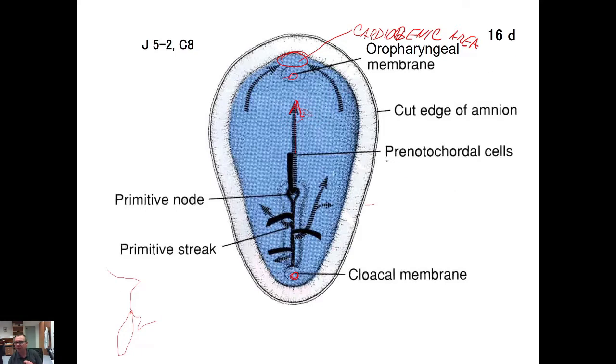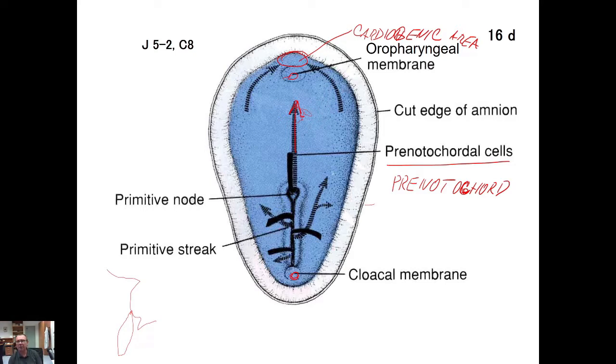The cells forming the pre-notochord are pre-notochordal cells. Another name is also possible to find, and it is chordal mesodermal process. But okay, let's stay with pre-notochord. So this is also the beginning of notogenesis.